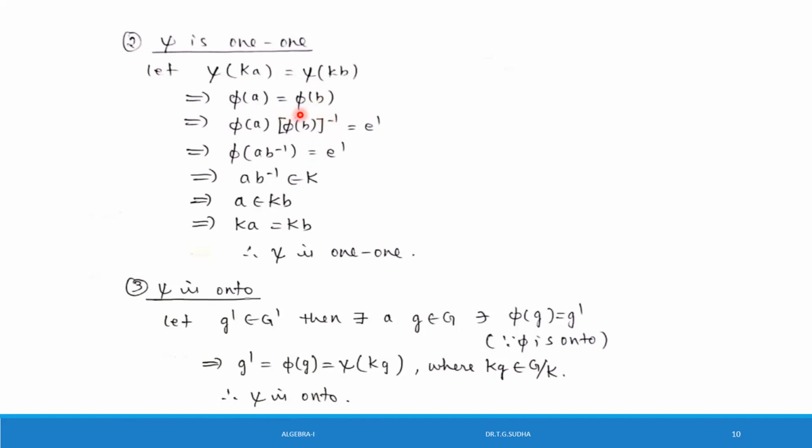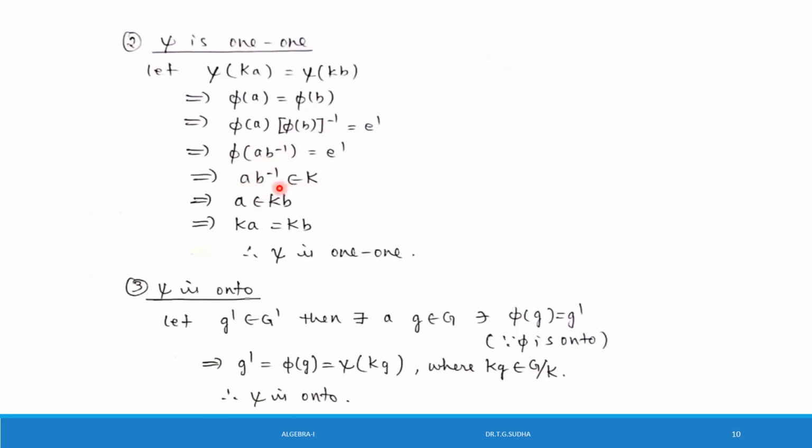Now operating on either side by phi of B whole inverse, we get phi of A into phi of B inverse is equal to E dash, because phi of B into phi of B inverse will give us E dash. Since phi is a homomorphism, now we can write this as phi of AB inverse, and that is equal to E dash. Since the image of this AB inverse is E dash, it belongs to the kernel K. Therefore, AB inverse belongs to K.